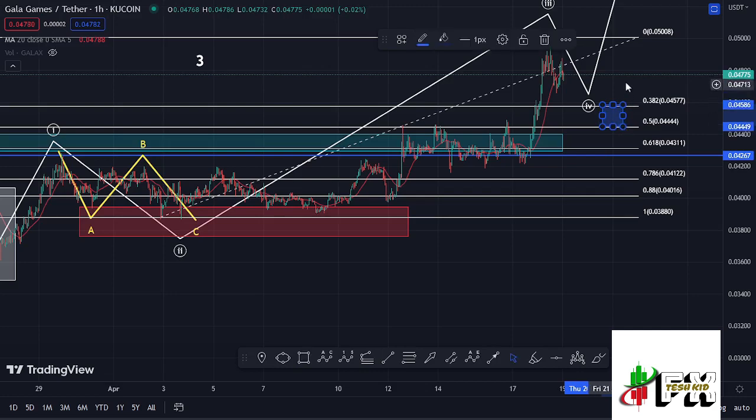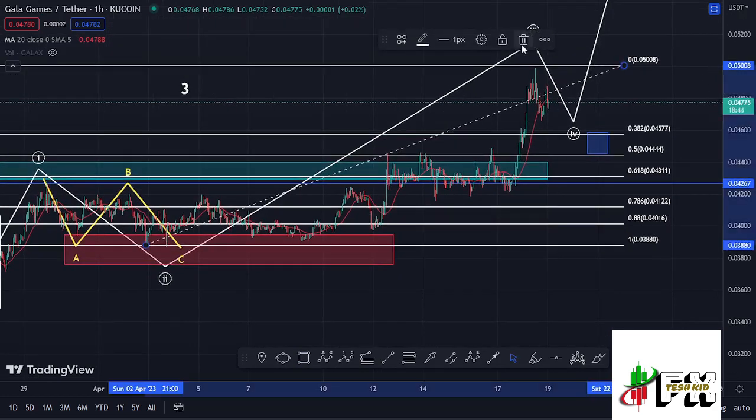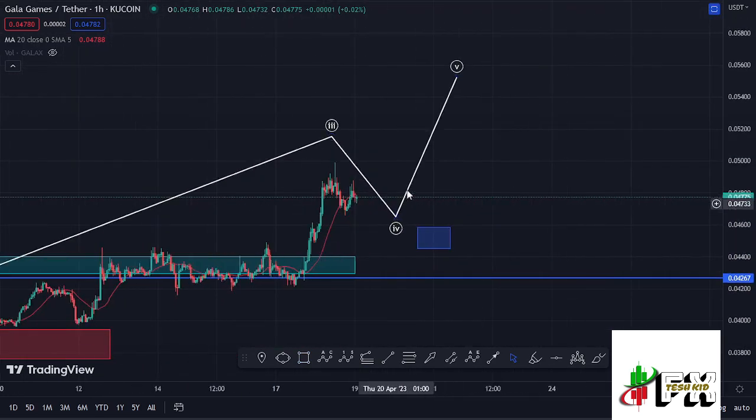And in case such a move plays out, then I think that would be another perfect entry to get back into Gala Games, so that we can be able to ride that massive pump to the upside in the formation of that wave 5.